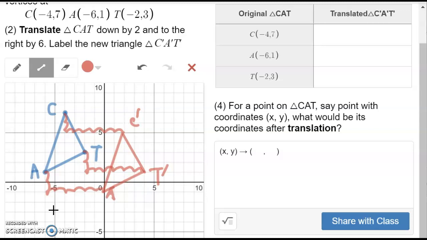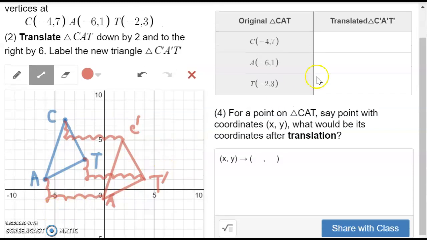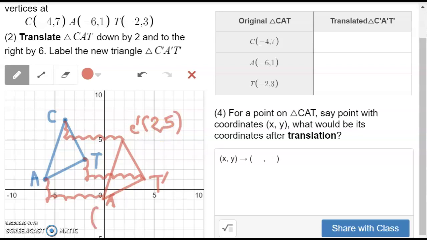So when I look at this, where is my C prime now? The coordinate for C prime is 2, 5. A prime is 0, -1, and T prime is 4, 1.